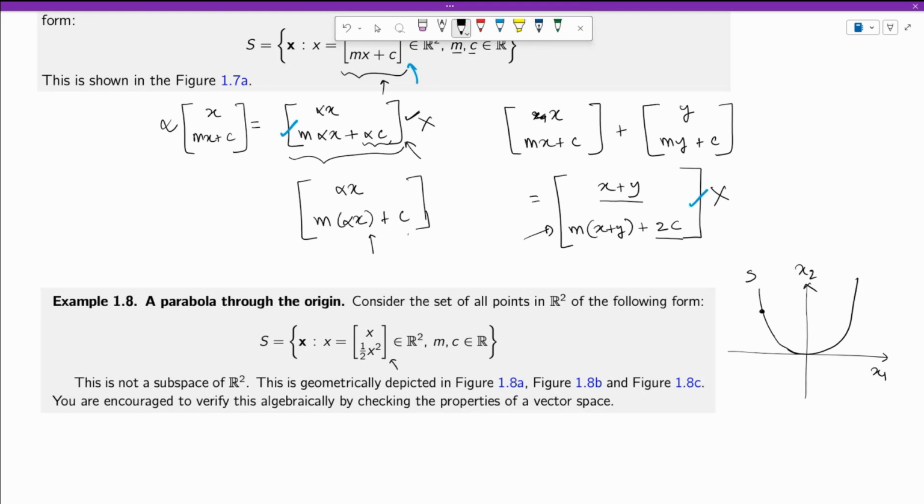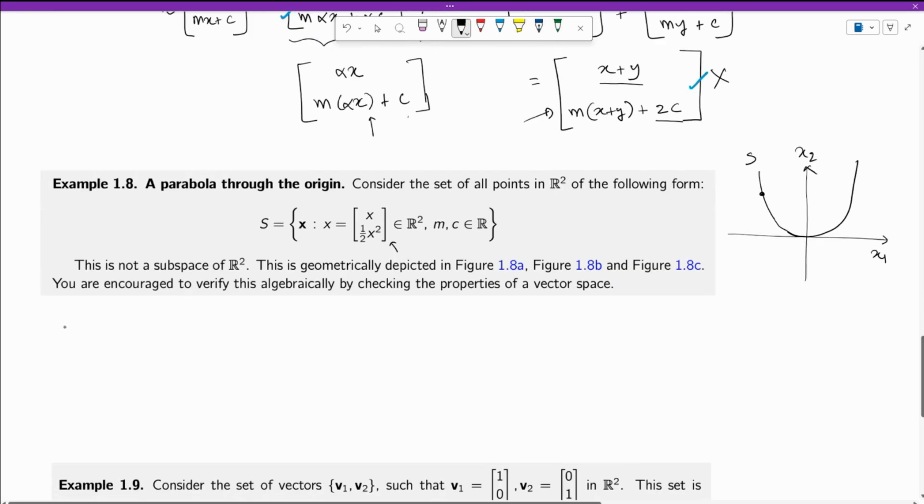If the first element is x, the second element is half times x square. So what all would you test? Tell me, is 0 there according to the algebraic definition? Yes, if you substitute 0 for x, the second element is also 0, so (0, 0) is there. Okay, all right. What about vector scaling?